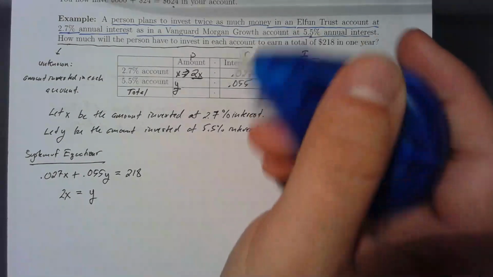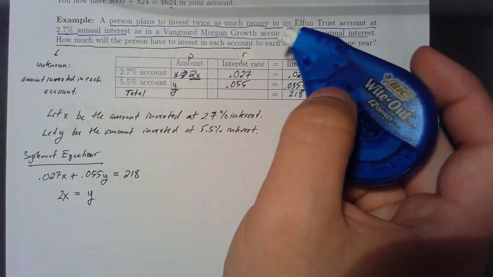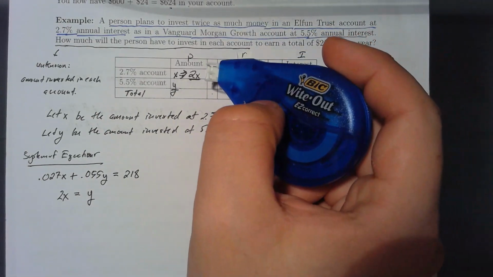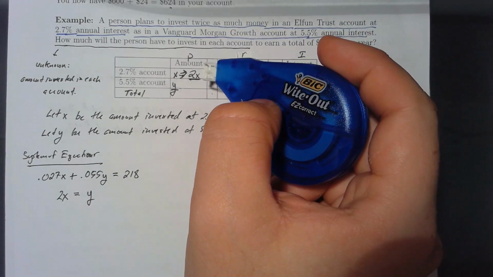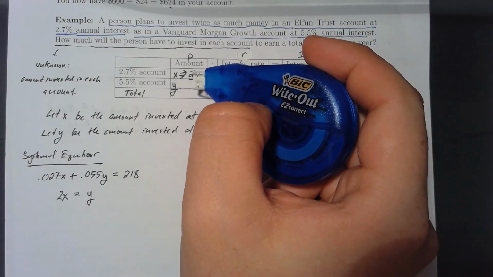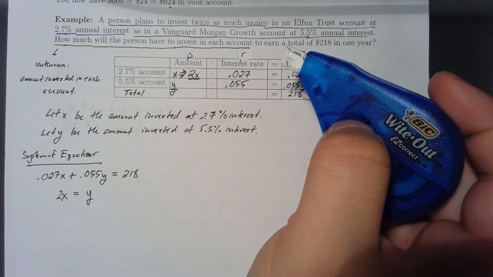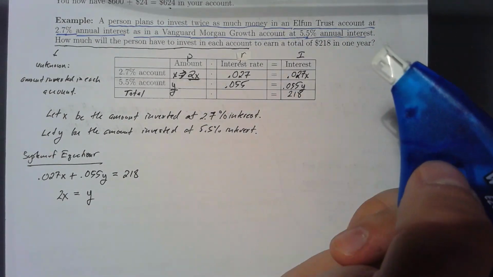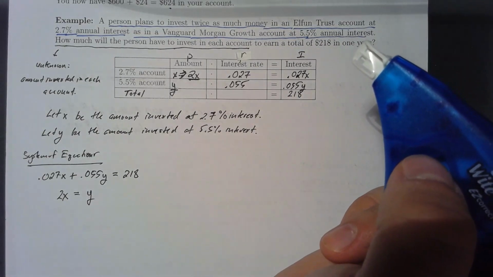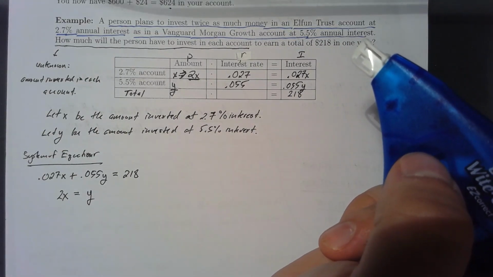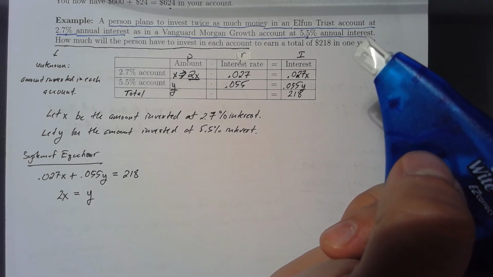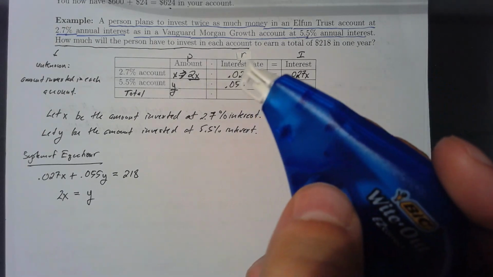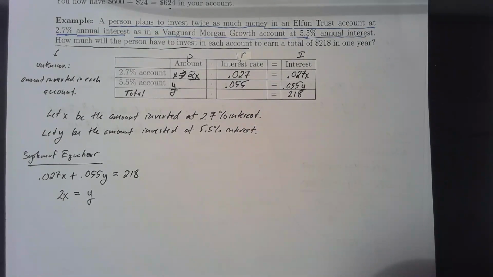Let me think about it. A person plans to invest twice as much money in an Elfin Trust account at 2.7%. So if they're investing y here, they're investing twice as much there. Okay, I think I figured out what it is. I made a little mistake. Just bear with me.